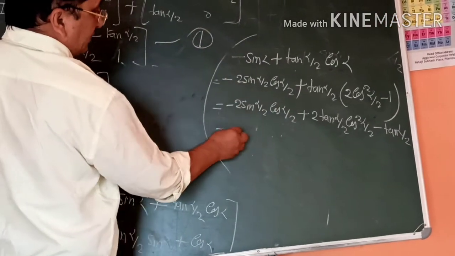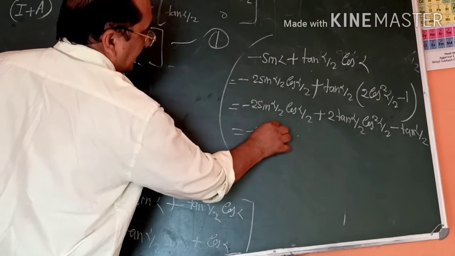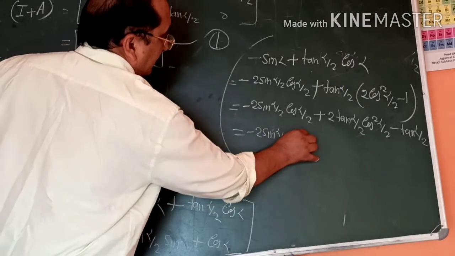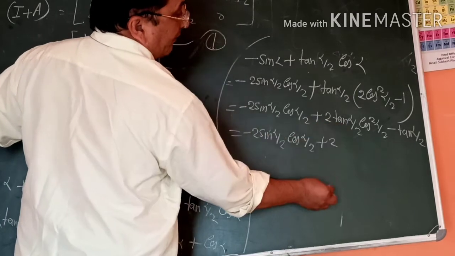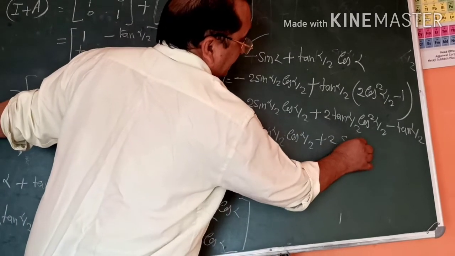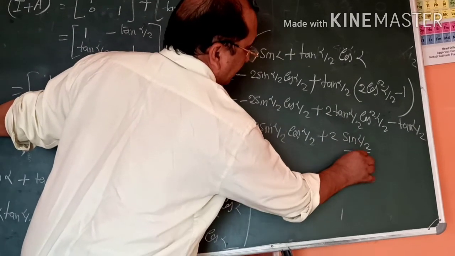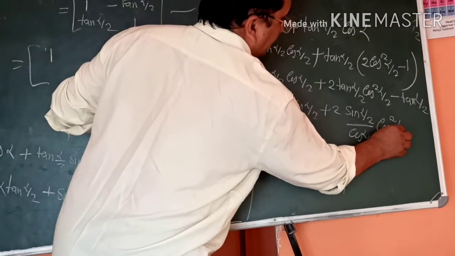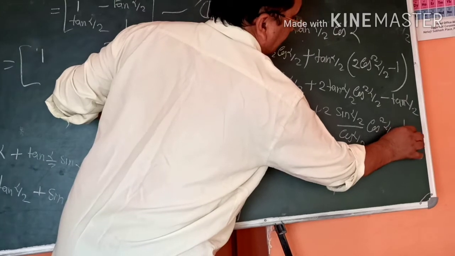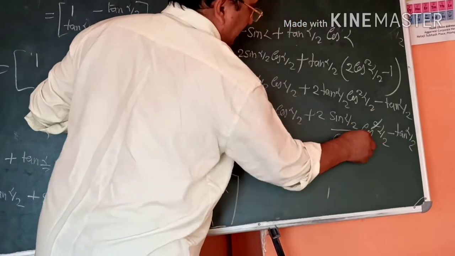Now see, this one is minus 2 sin(alpha/2) cos(alpha/2) plus 2 times tan(alpha/2), which can be written as sin(alpha/2) upon cos(alpha/2), times cos square(alpha/2), minus tan(alpha/2). Cos and cos are cancelled.